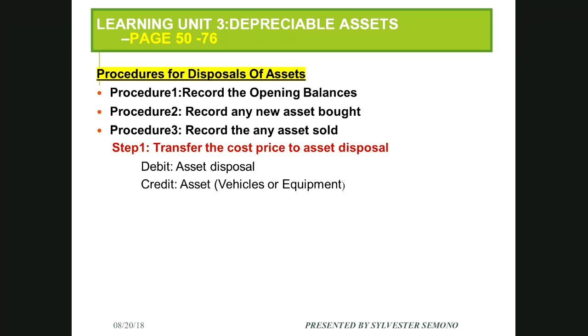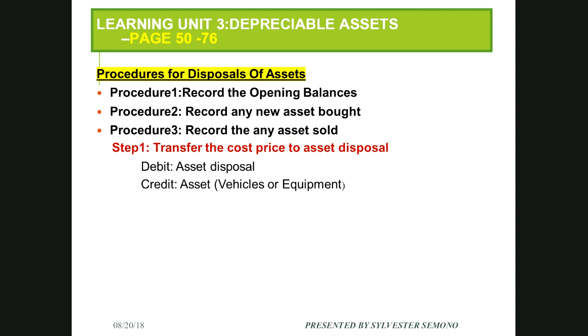Awesome. When we dispose or when we sell, firstly, before I continue, you need to know that there are 5 ways of disposing an asset. You can write it down so that you can refer in the future, but I'll keep reminding you, okay? The assets can be disposed in the following manner.